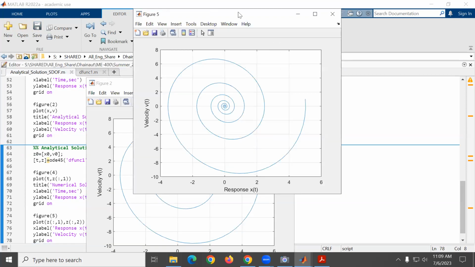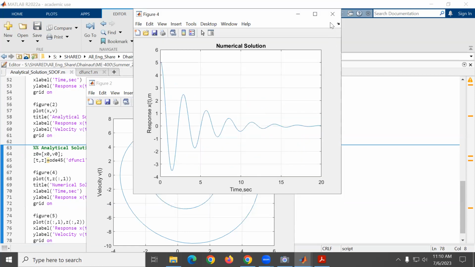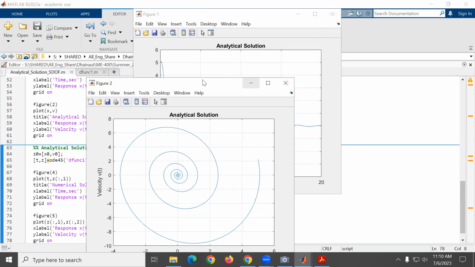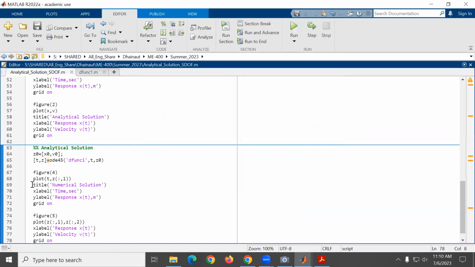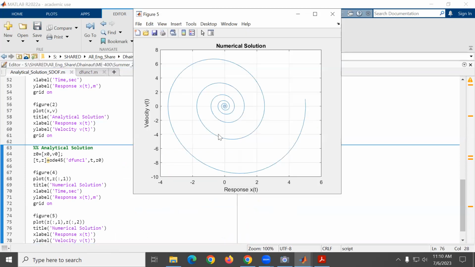Okay, so basically, why didn't I put numerical or anything like that? I forgot the numerical. So, here you see the two analytical. I should put here the numerical solution. And basically, you see what happened.